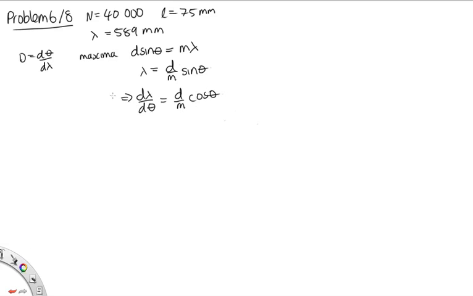Now d theta d lambda is the inverse of d lambda d theta, so we can write this as 1 over d, where capital D is the dispersion, which we're asked to find, and so we have D is equal to m over d cos theta.